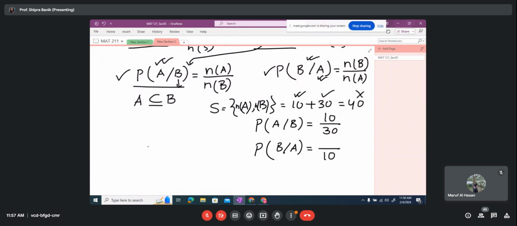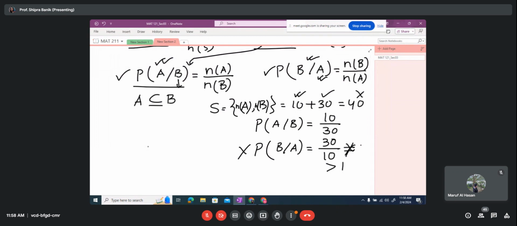Now I need the number of B, which is 30. This is not a possible case for us, because the probability would be more than 1, so it is not possible under our experiment.